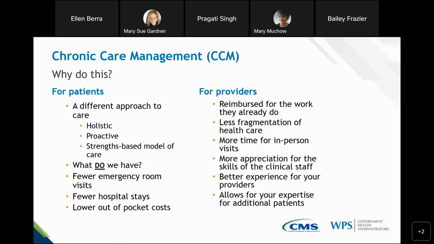It takes a much more proactive approach, trying to prevent hospitalizations, emergency room department visits, and prevent crisis situations if at all possible. And then you want to concentrate on the resources and things that you have. And of course, it's also shown to be beneficial in lowering a patient's out-of-pocket expenses by those fewer emergency room visits and fewer hospital stays.